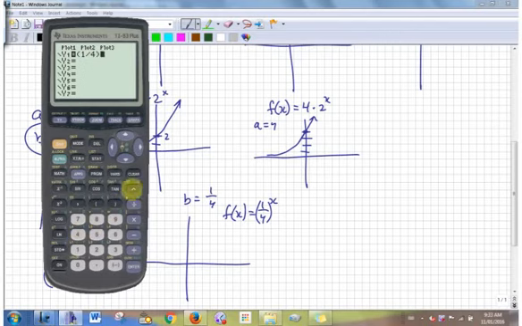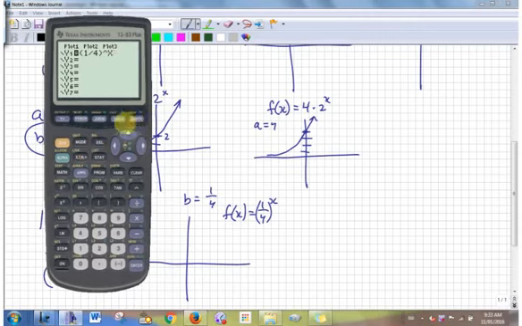Otherwise it won't graph what you want. You can use a decimal, 0.25. That'll also work. And is that going to make the same shape as all those other guys? A little different. Okay? See what the y-intercept is?